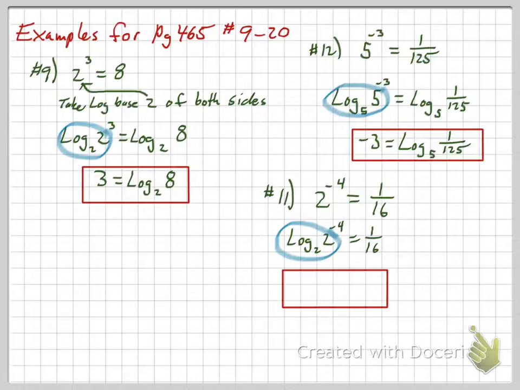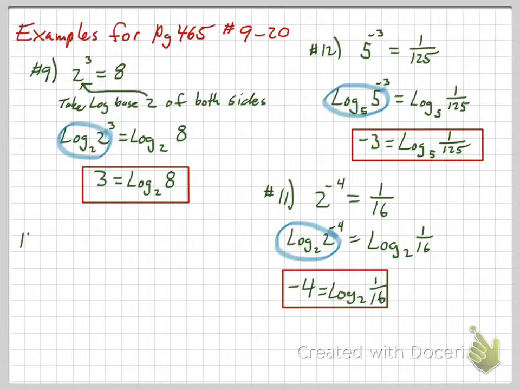And that is going to equal, got to take the logarithm of both sides. So let's get that fixed. I take the logarithm of one side, I have to take the logarithm of the other side. So this is going to be log base 2 on this side. This side is just going to simplify to -4. And this other side is going to be log base 2 of 1/16. And that's your final answer for that.